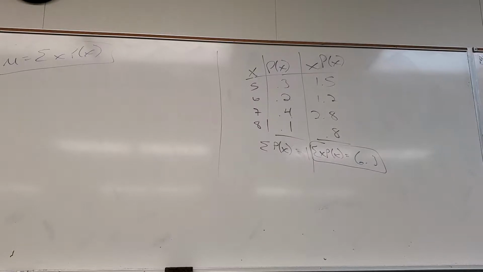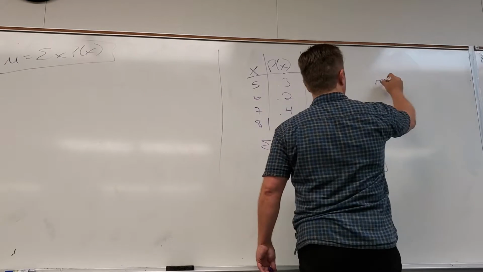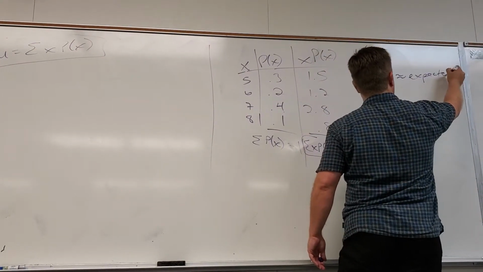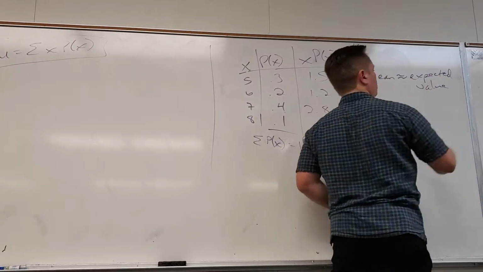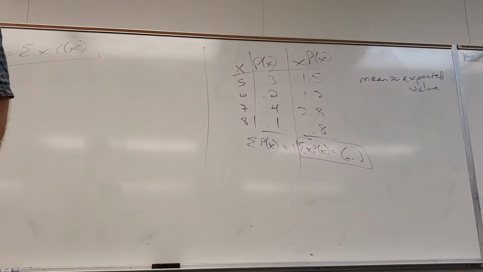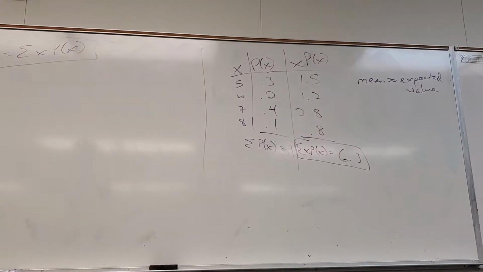So here's what's really cool. You'll see this. Another name for mean is expected value. It's the expected value. It's how much I expect to happen. Okay, I like it.